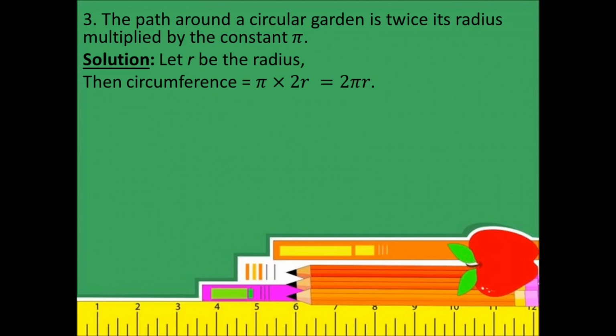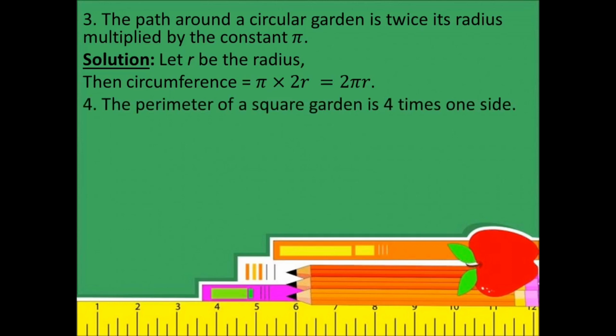So circumference is equal to pi multiplied by 2r, and that is equal to 2πr. We are taking 2r because it is written twice its radius, and it is multiplied by the constant pi. Hopefully it is clear to you.